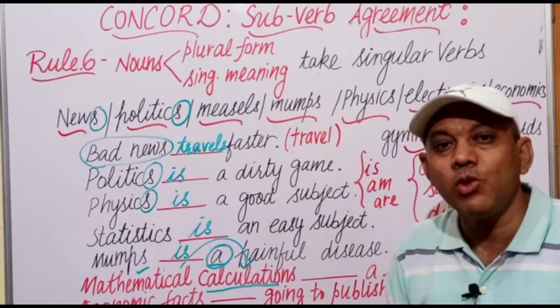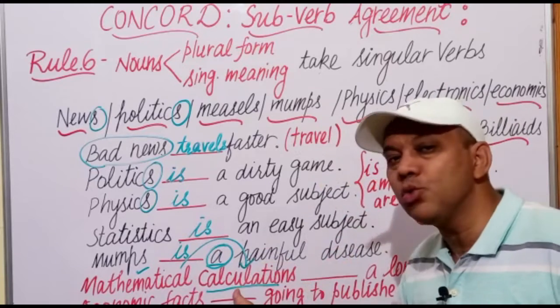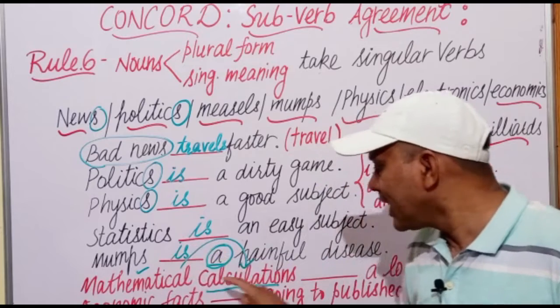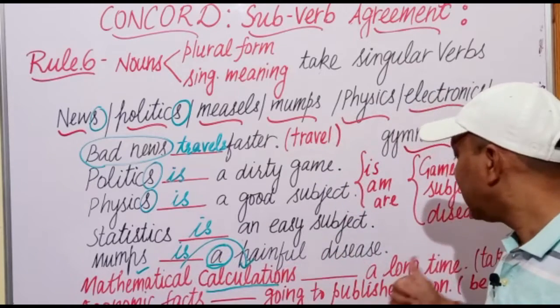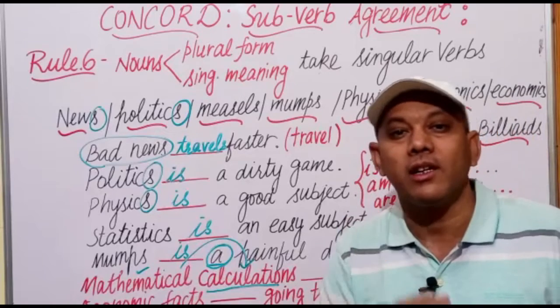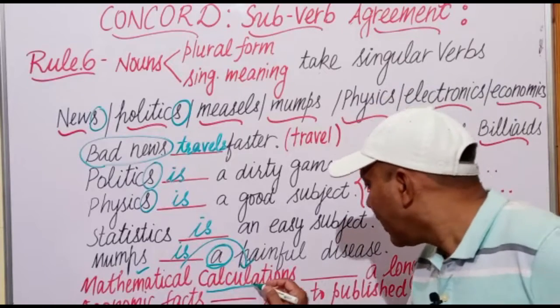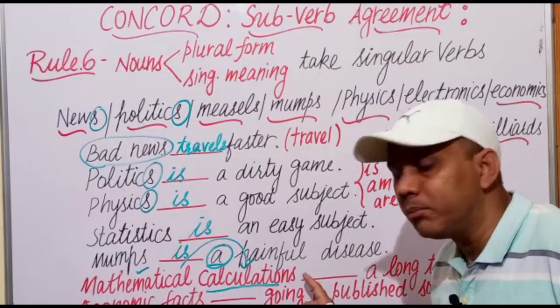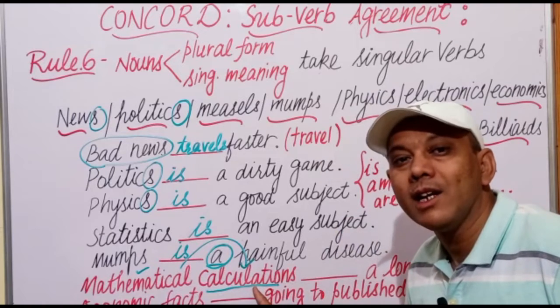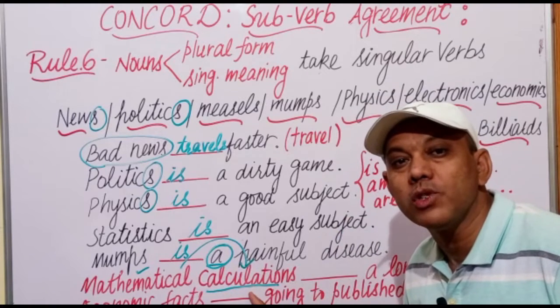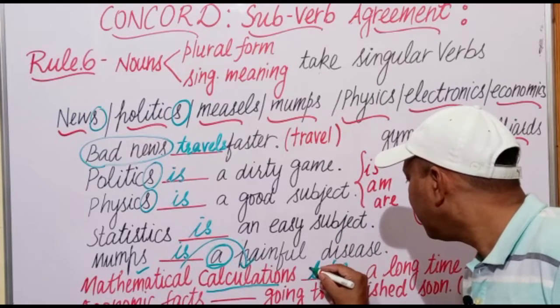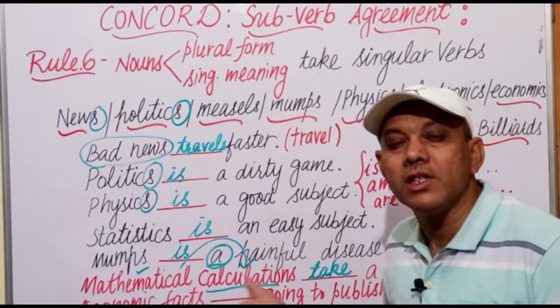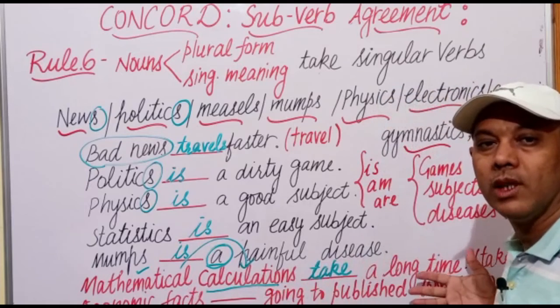So we have to fill in the verb according to this true subject. Mathematical calculations dash a long time. We have to fill in the correct form of verb take. So we shall use a plural verb due to this true subject, calculations. Mathematical calculations take a long time.